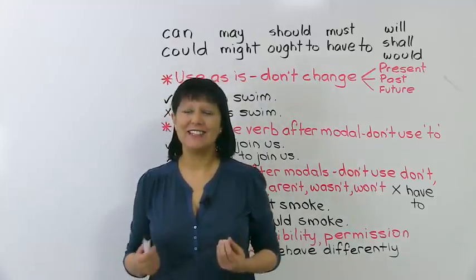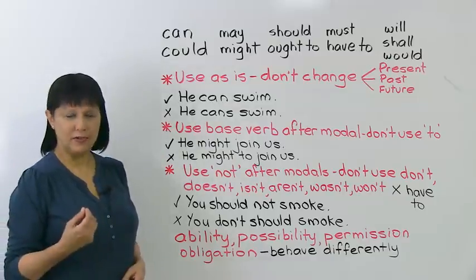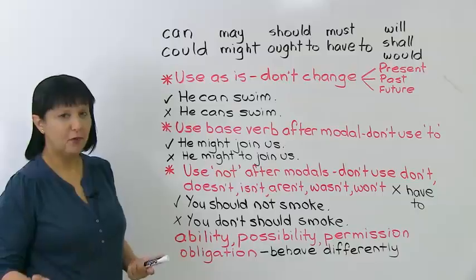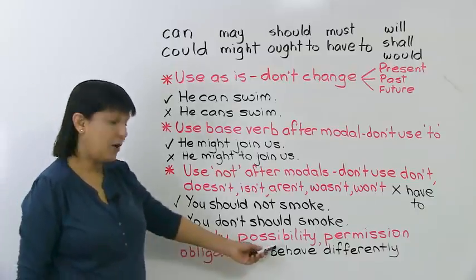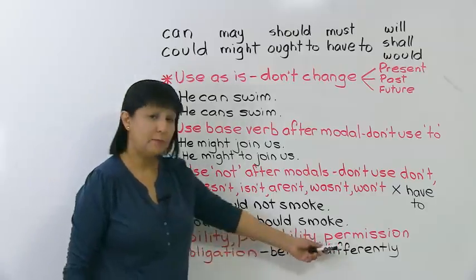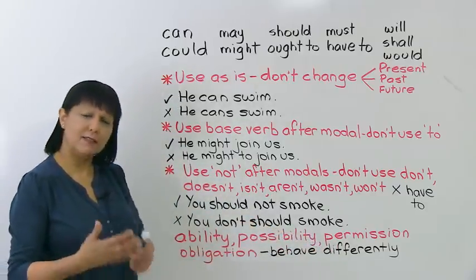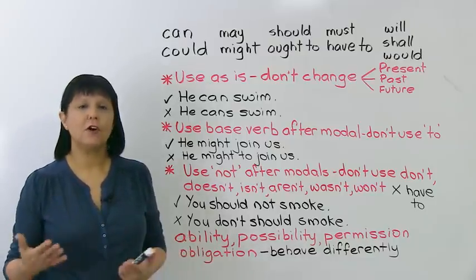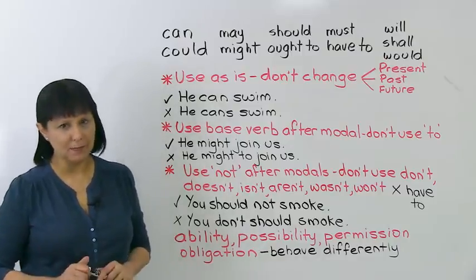Okay, so let's look at what modal verbs are. These are words that express different kinds of things. For example, they might express ability, possibility, permission, obligation, okay? And some other things like that. And they behave differently from regular verbs, and that's why they're sometimes a little bit confusing.